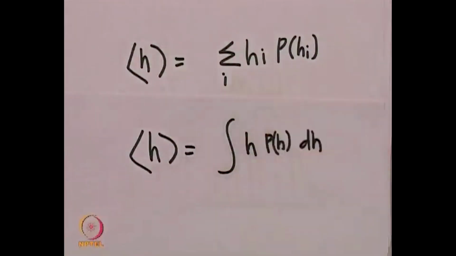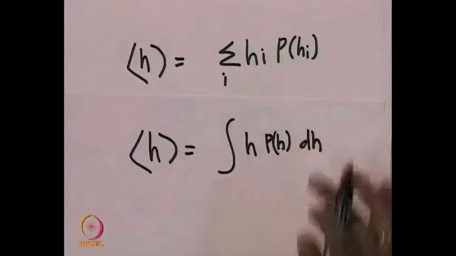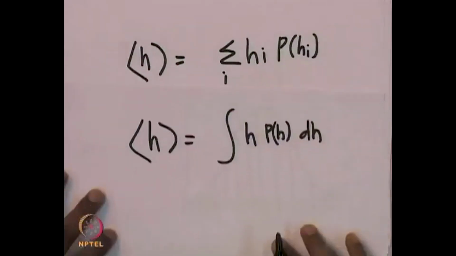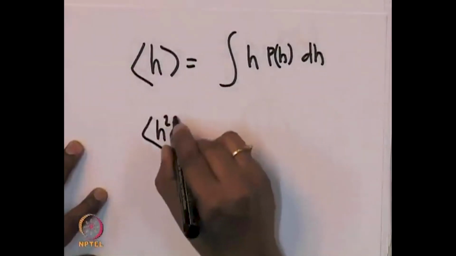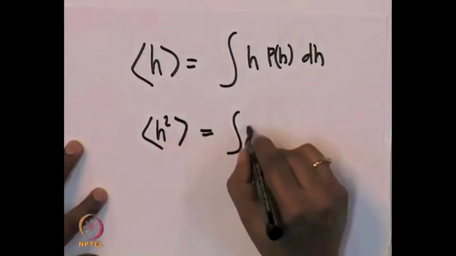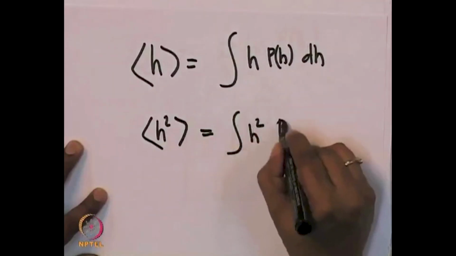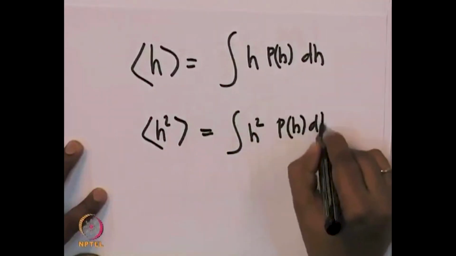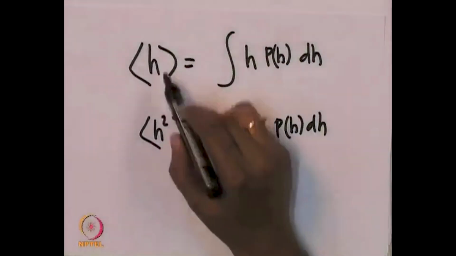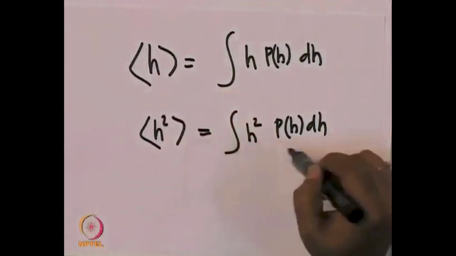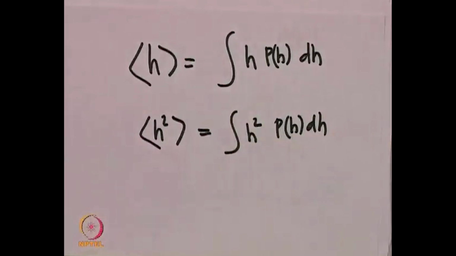Similarly, h square average can be written as integral h square p of h dh. So, if h is a continuous function, we can define the averages and square averages in this particular way.